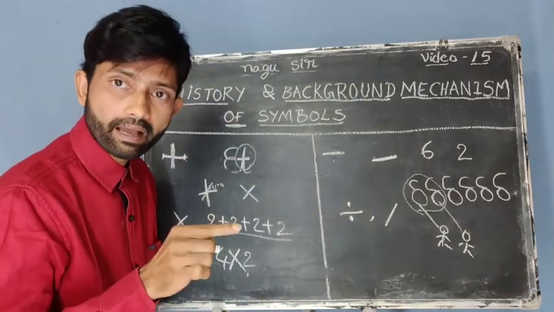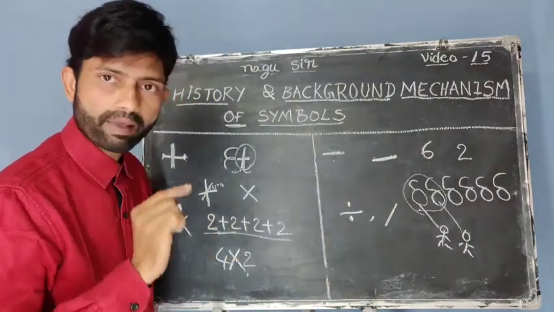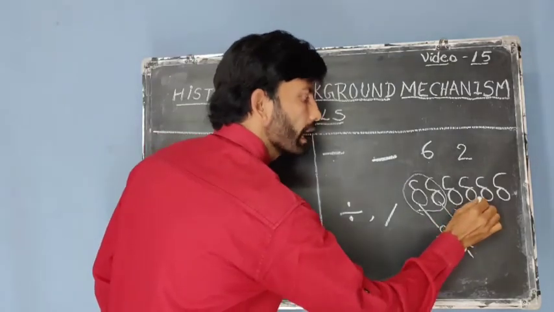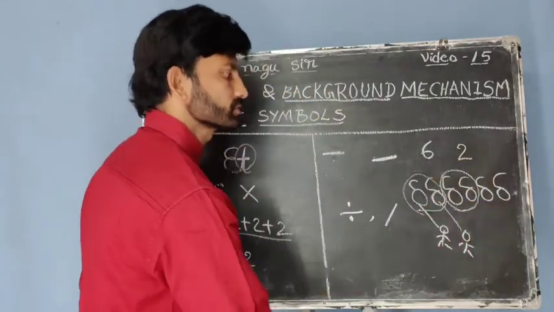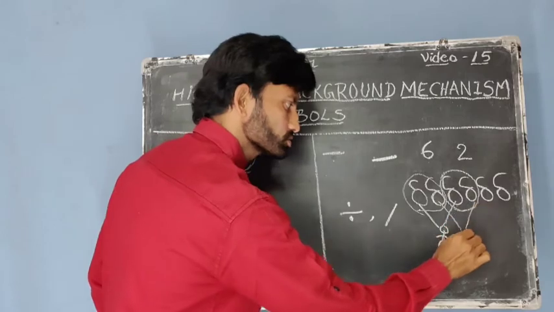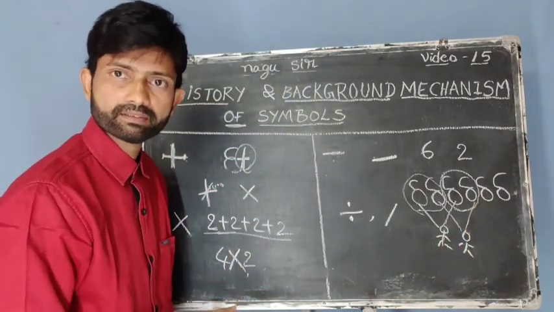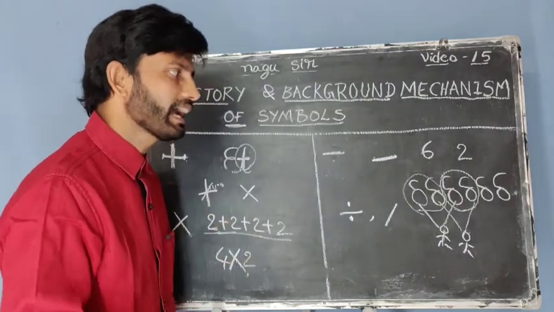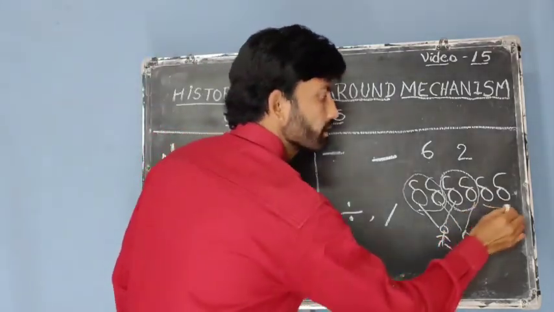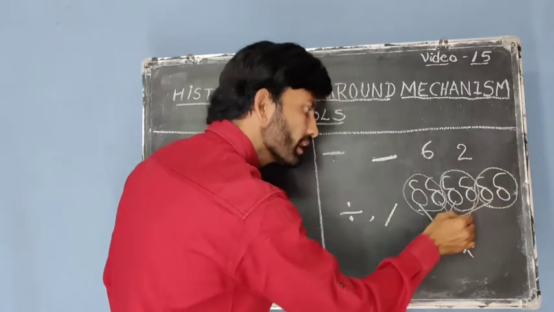Again, I have 4 mangoes, so I subtract 2 mangoes and one is to him, one is to him. I'm going to share. Now again I have 2 mangoes and share these 2 mangoes with the children.